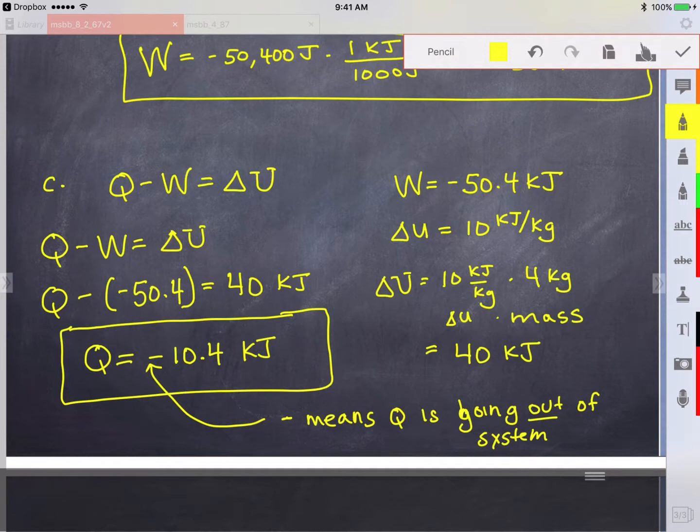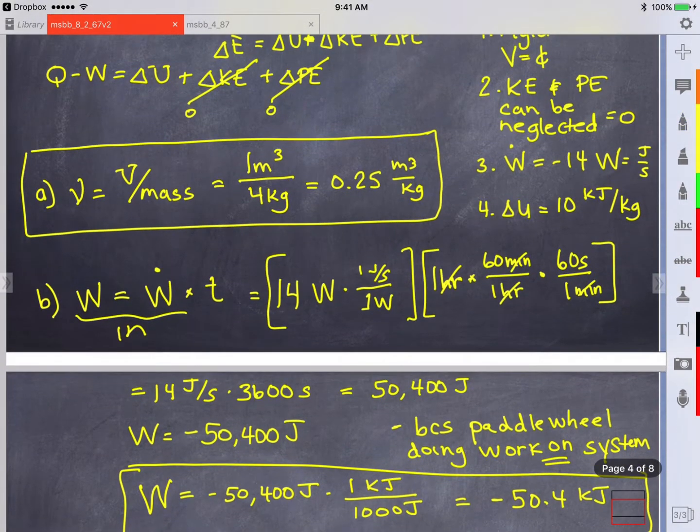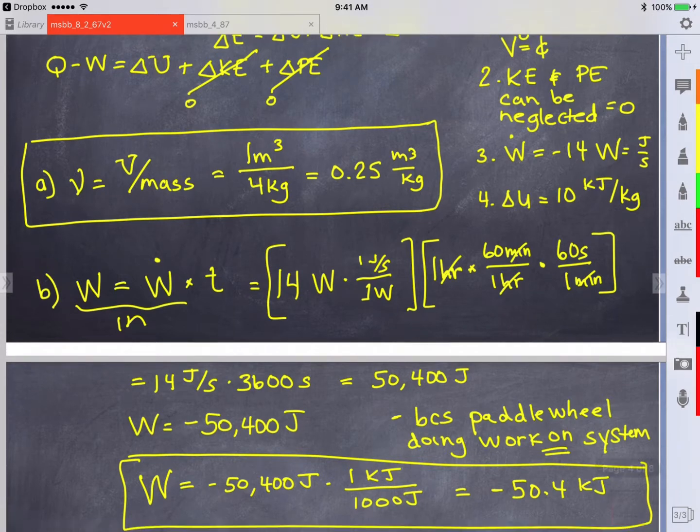Thermodynamics came from a desire to turn heat, thermal energy, into work. So Q going in is positive and work going out is positive. So our sense check, did we solve everything we were asked to? Yes, specific volume, and that makes sense. And those are the correct units for specific volume.